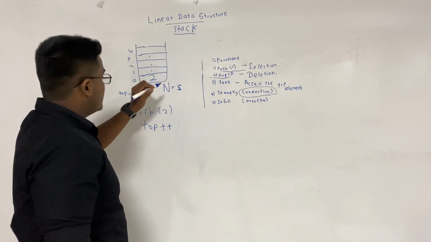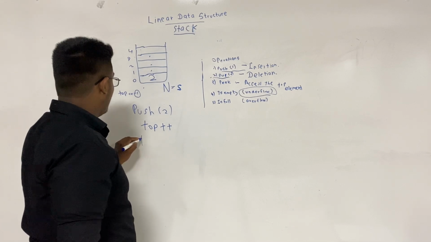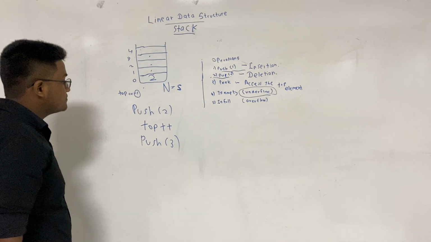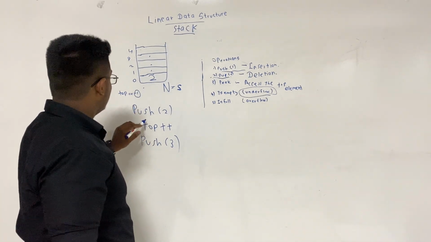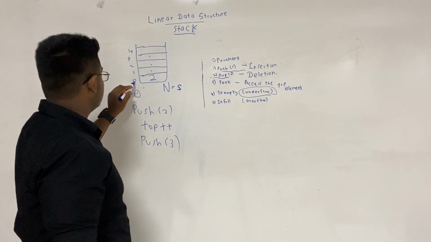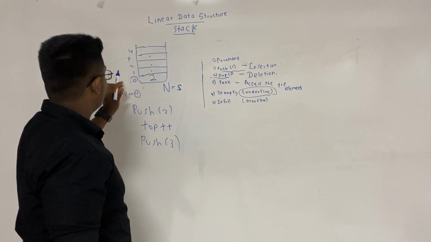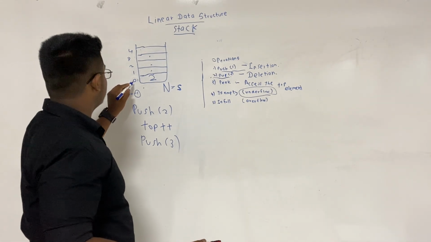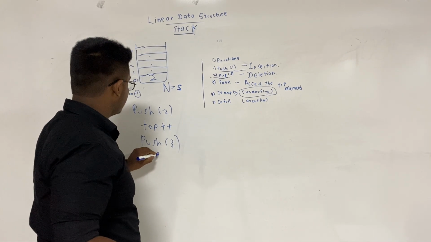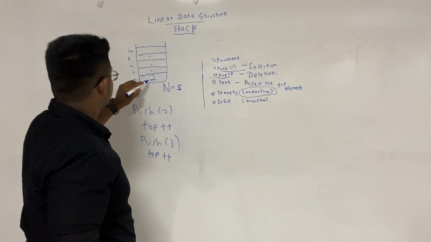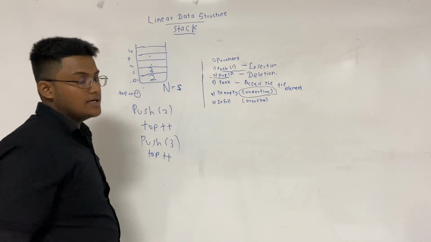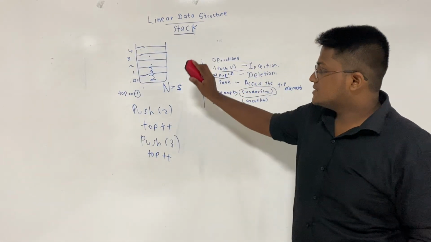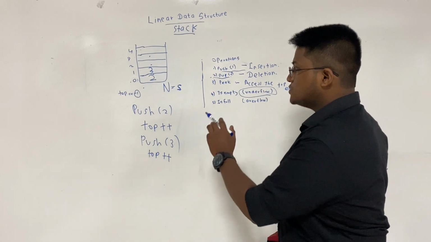Then we will insert another element, push 3. Now top is 0, and when we again do top plus plus, this becomes 1, and 3 is inserted here. This is the way you are going to do the push operation.